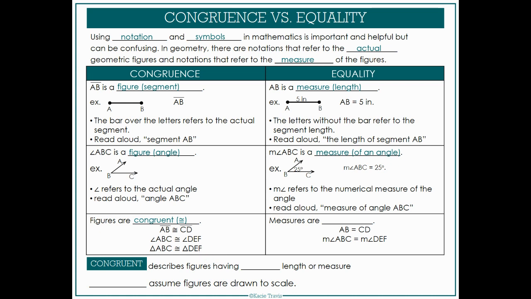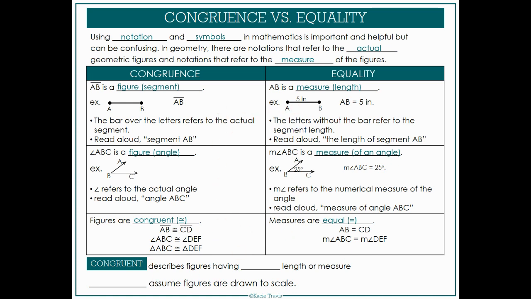If we were talking about the measurements for these things, we're just using the equal sign. Also notice, if we're talking about a segment, you can just use the letters, and if you're talking about the measurement of an angle, you have to make sure you use the M before the angle symbol. So, a lot of different things between this side and this side.